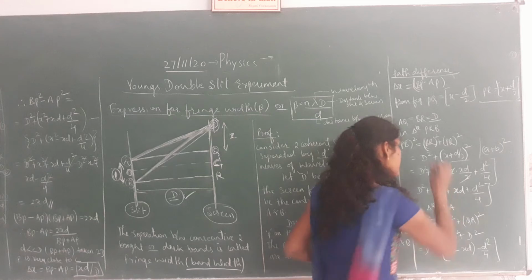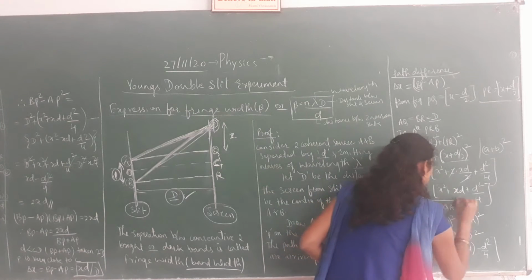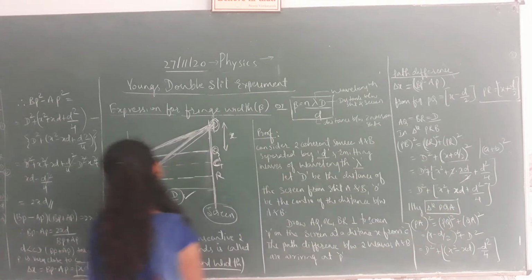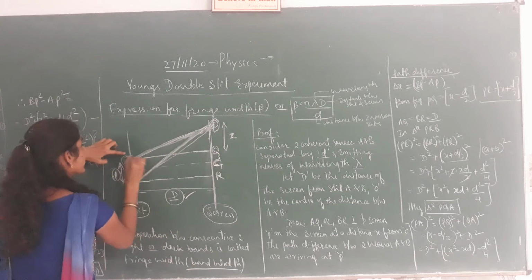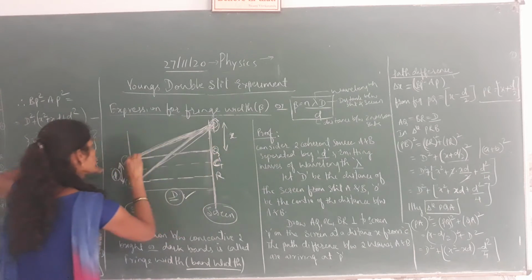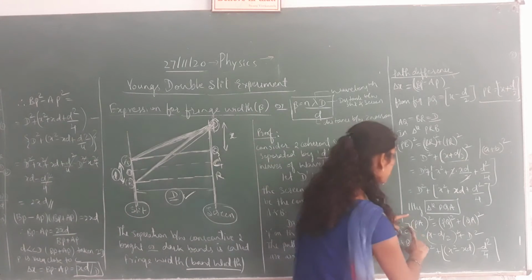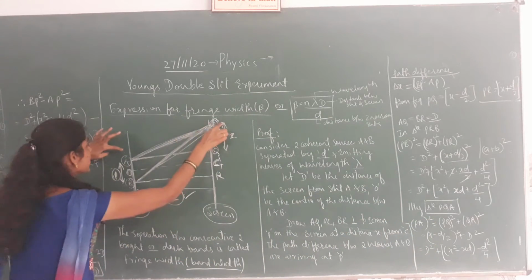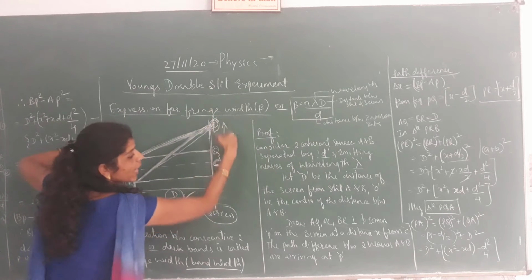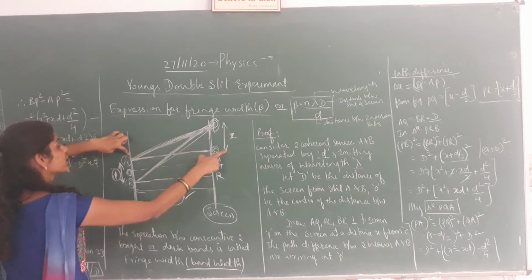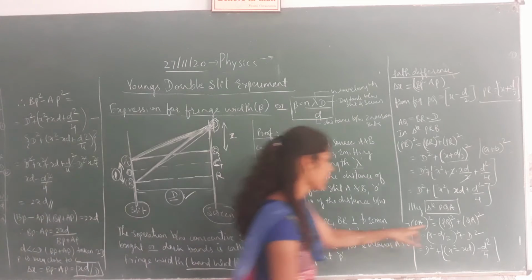Similarly, in the triangle PQA, again PA square we write as PQ square plus QA square. In that form we are writing.